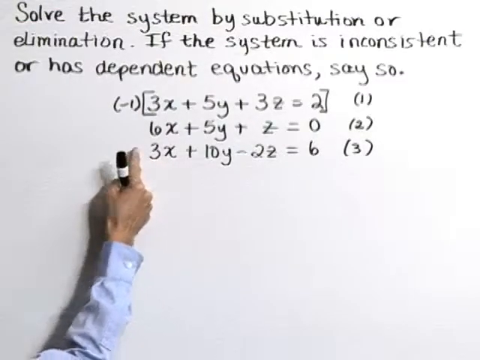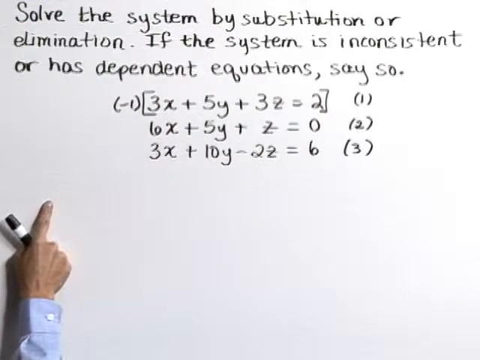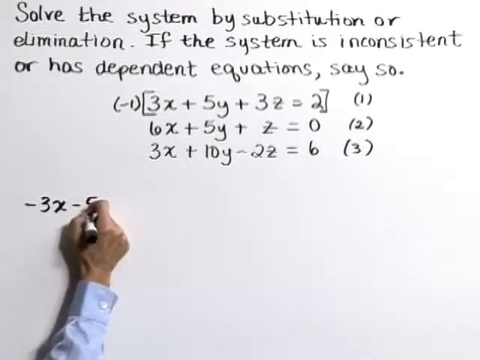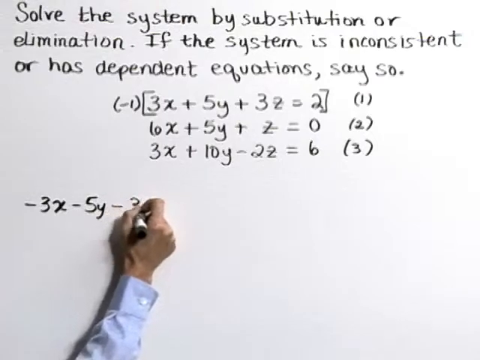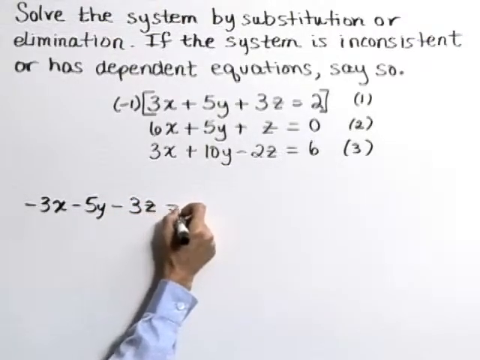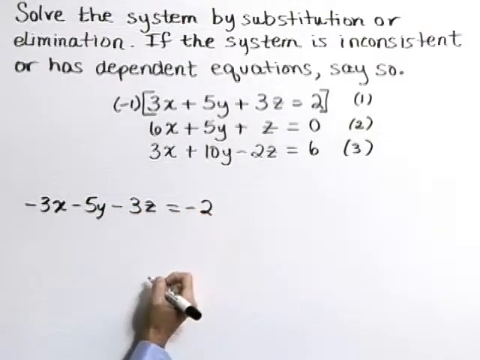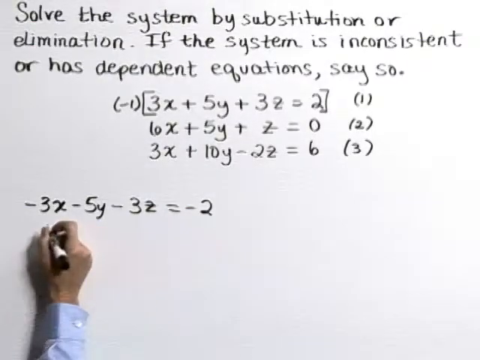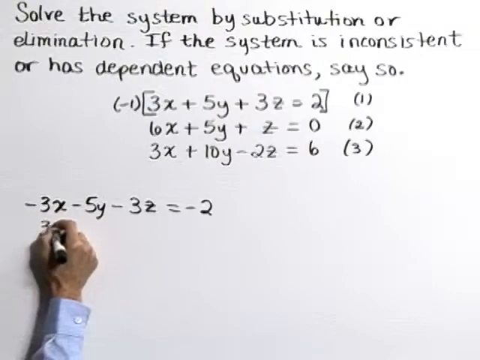inverses. So equation 1 becomes -3x minus 5y minus 3z is equal to -2. So that was -1 times equation 1. Let's just rewrite equation 3 now.